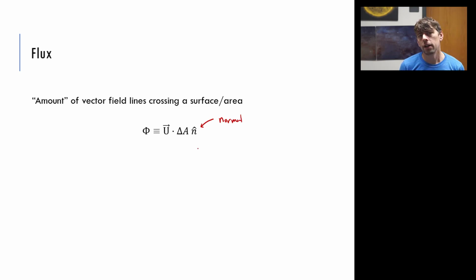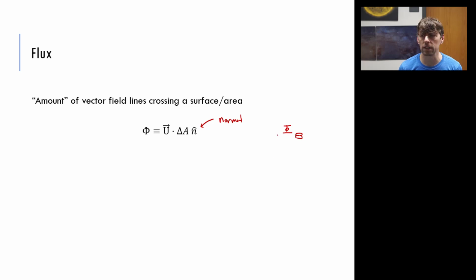Outside of that, the flux is represented by uppercase phi, and I will tend to subscript it with whatever vector field we happen to be dealing with. So, for example, the electric field I'll subscript with E, or maybe the magnetic field I'll subscript with a B, etc., etc.